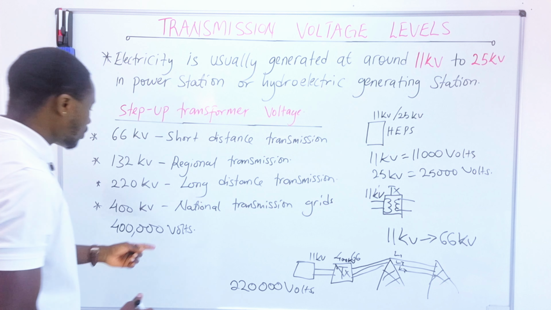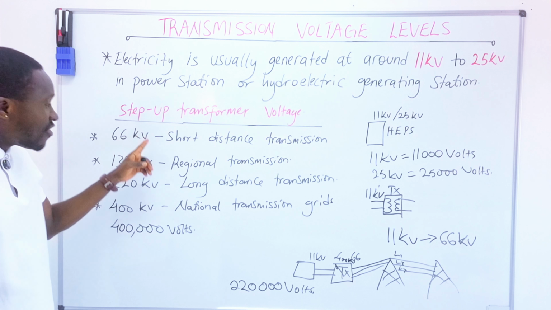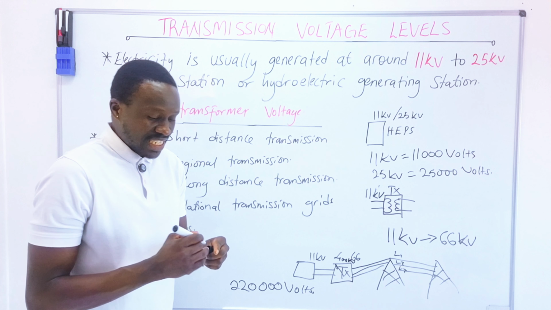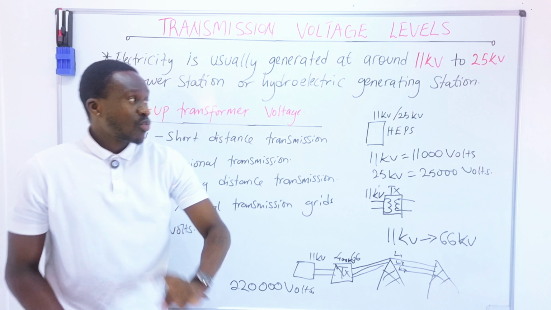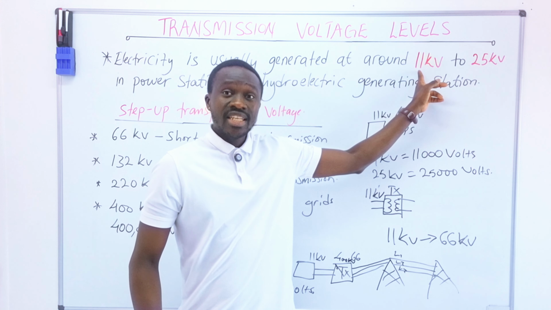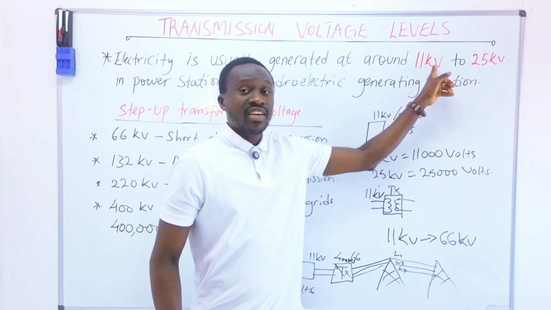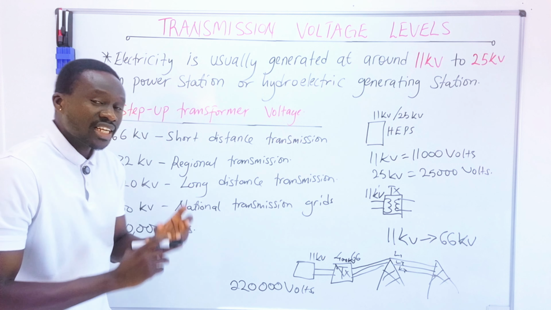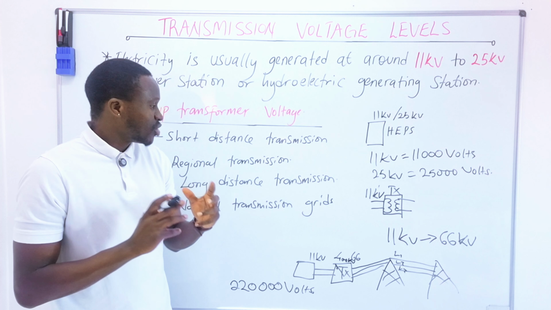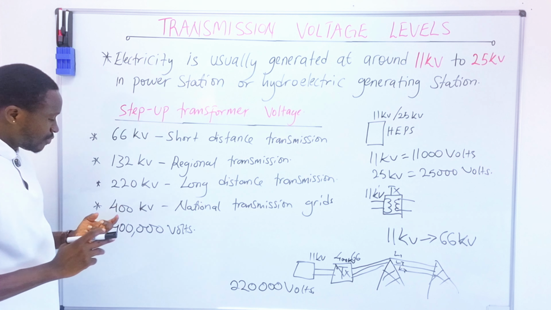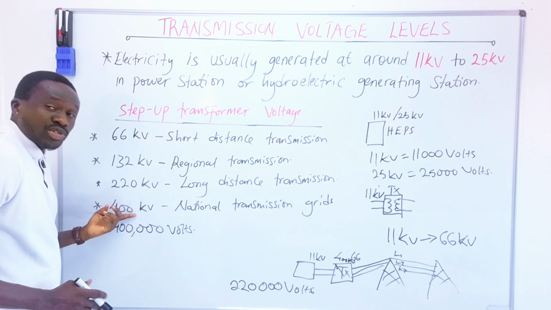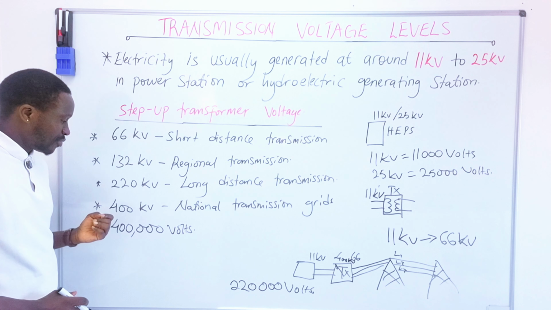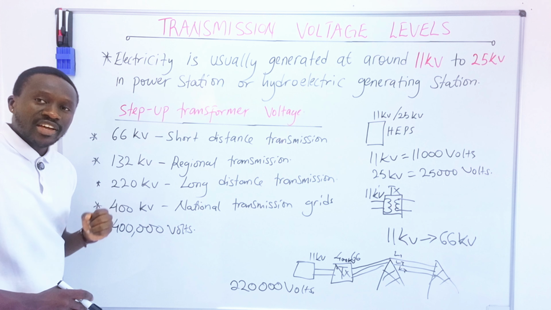Okay? Now, after stepping up, these are the transmission voltage levels. The first level is the generated level, 11 kV. The second level, let us say our regional, we are going to use 400 kV, or we use 220 kV.